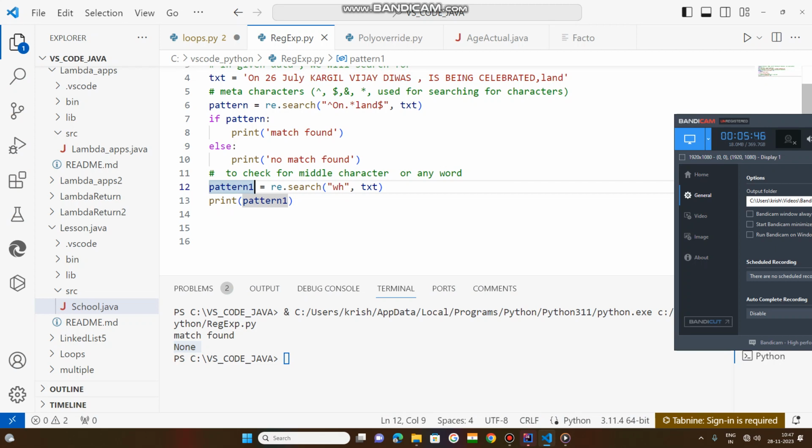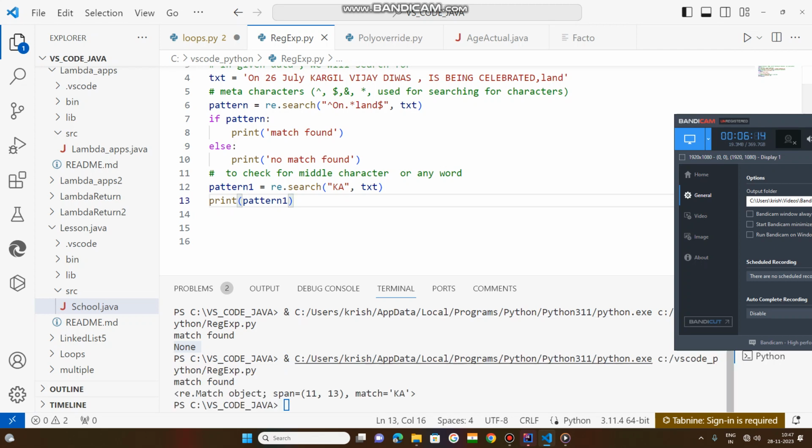Suppose if I keep, in place of this WH, KA, capital letters. See, actually KA is here, no? This is the KA. So if I want to search for the middle character KA, whether we will get it, I compile and run this.